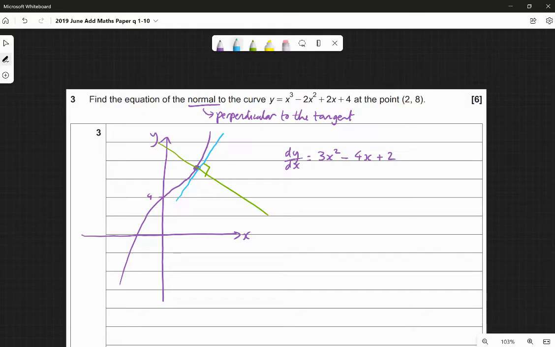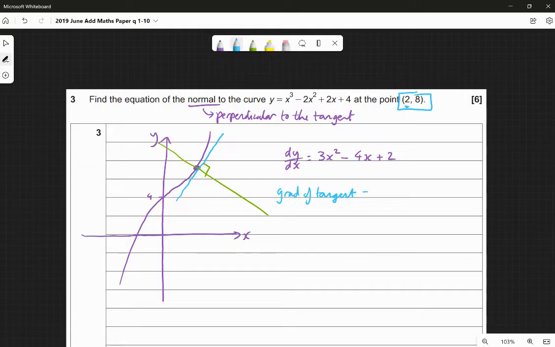So if I wanted the gradient of the blue line, so the gradient of the tangent will be the value of dy by dx when x is 2, because I substitute this value, x is 2, for the point where the x coordinate is 2.